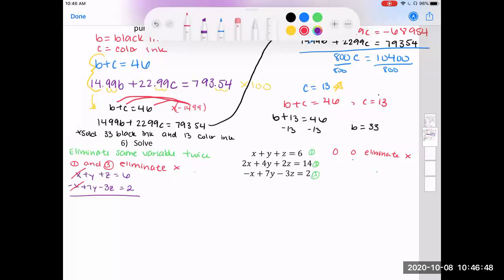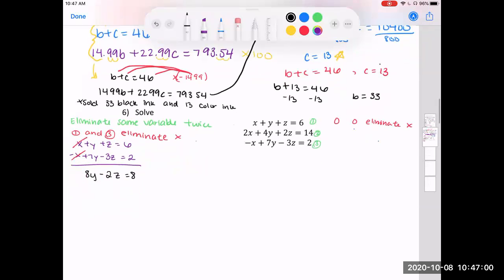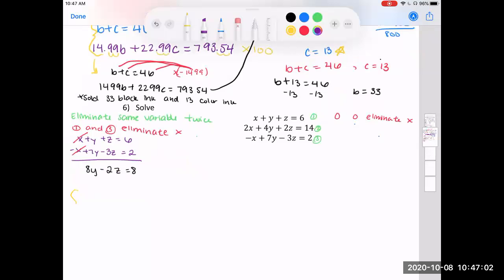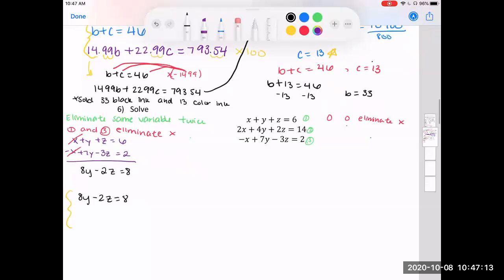Our x's add to make 0, and we're left with 8y minus 2z is equal to 6 plus 2, that gives me 8. Okay, so I'm going to write out my two equations, and my first one is 8y minus 2z is equal to 8.